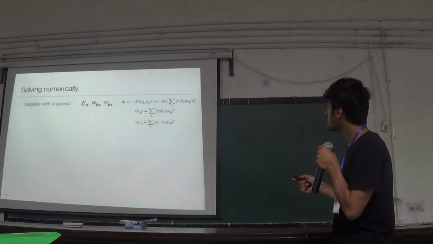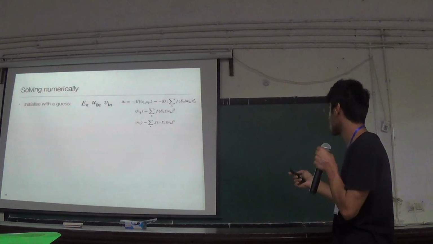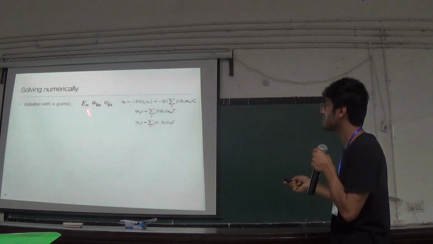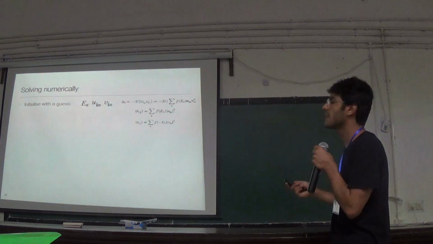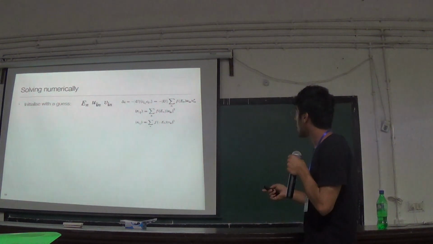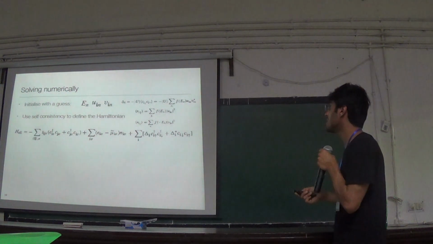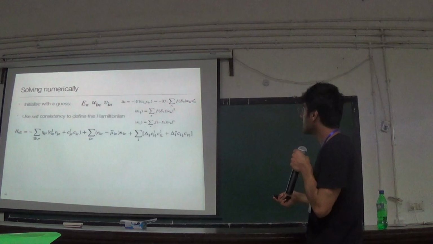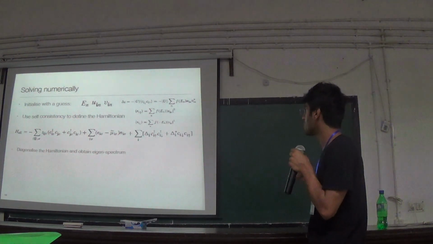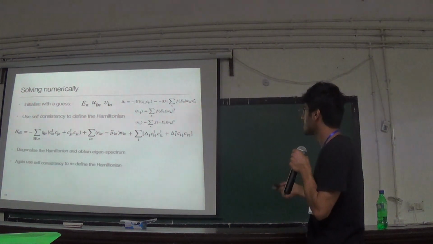Okay, so one way to solve it, which is what we have done, is that you start with just an initial guess of what the eigenspectrum would look like, anything. You redefine your Hamiltonian using the self-consistency equation because we're using mean field theory. Your Hamiltonian is there now, you just diagonalize it by brute force, the computational way, and then you get another eigenspectrum.